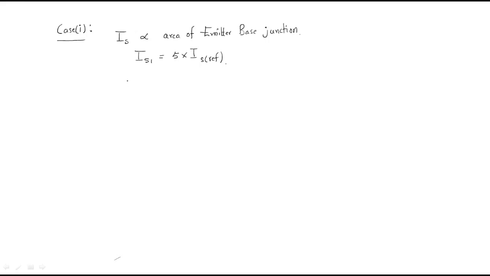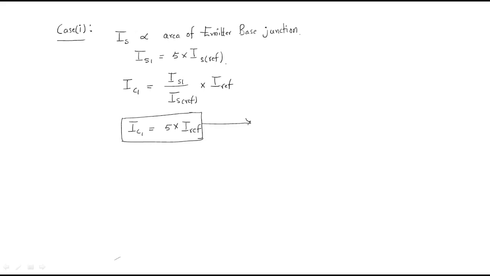Then the collector current IC1 can be written with the formula IS1 by IS reference into I reference. By substituting the values, we get IC1 equal to 5 times I reference.